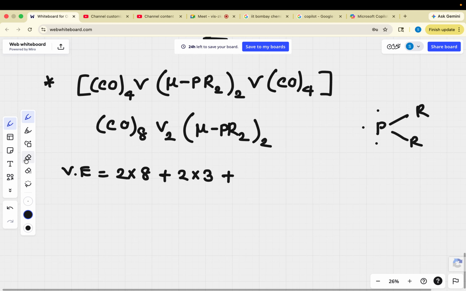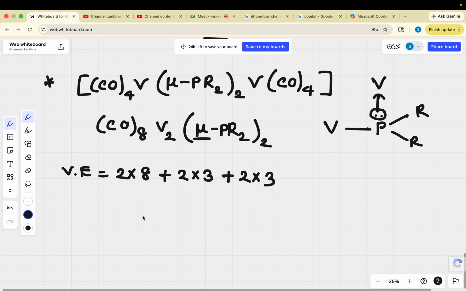So you have 2 vanadium. With 1 vanadium it will form a covalent bond, and then it is acting as a terminal ligand. And if it donates this lone pair, because they have already given you mu, that means it is acting as a bridging ligand, donating this lone pair to the other vanadium center. So overall it is donating 3 electrons.